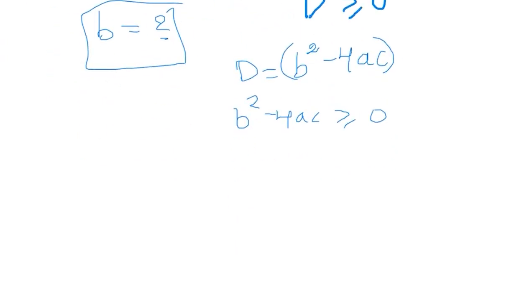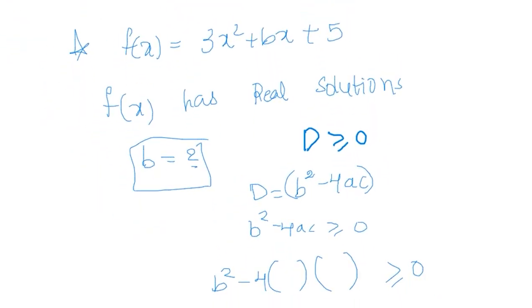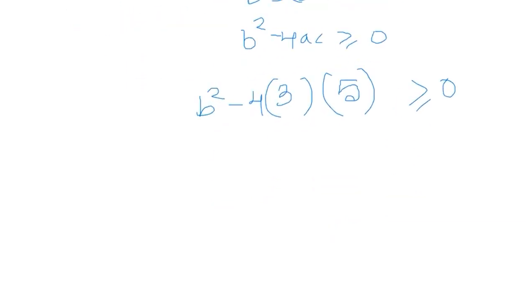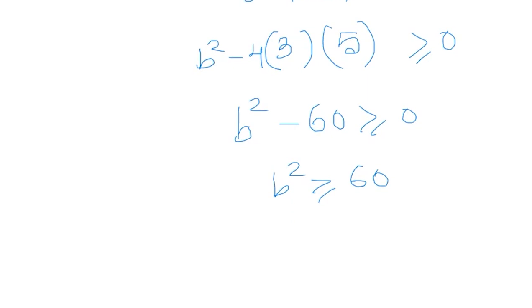So b square minus 4 into the a value into the c value has to be greater than or equal to 0. A is 3, c is 5. How much is this product? This is 60. So b square minus 60 is greater than or equal to 0. So b square is greater than or equal to 60.